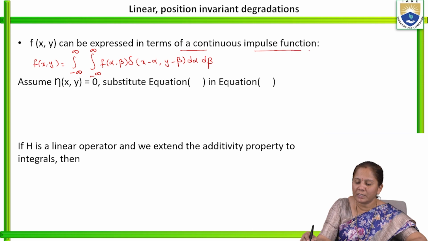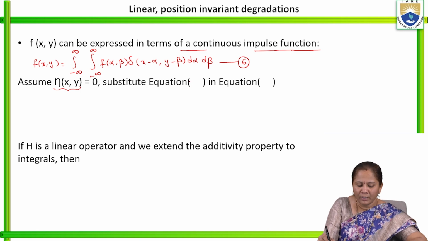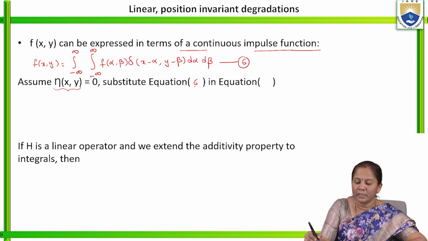This is the representation of the continuous impulse function. Let us consider the equation number as 6. By assuming the additive noise eta of x comma y is equal to 0, substitute equation 6 in equation 1.